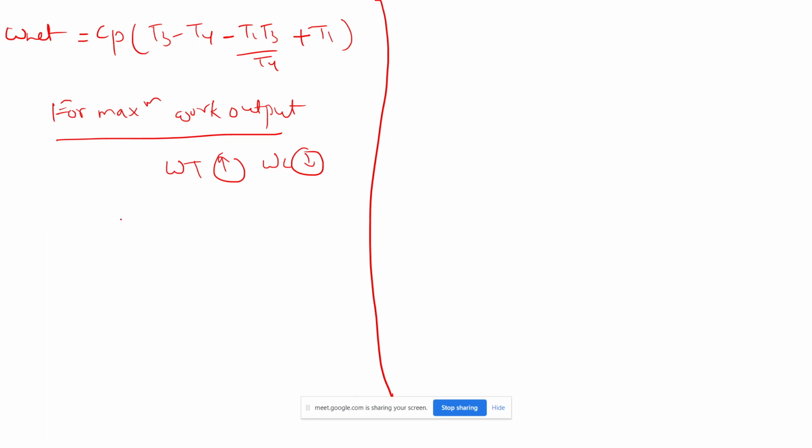The higher the turbine work, the higher the net work output. Is it okay?